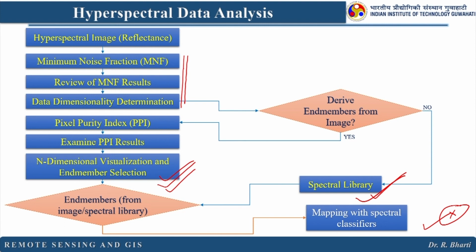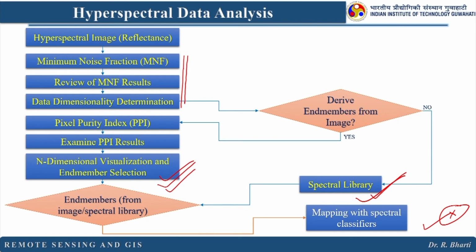We have classified the whole image into different classes based on the end members identified from this image, but still we have to deconvolve or study those end members identified from the image which were used in the classification with respect to the library spectra.